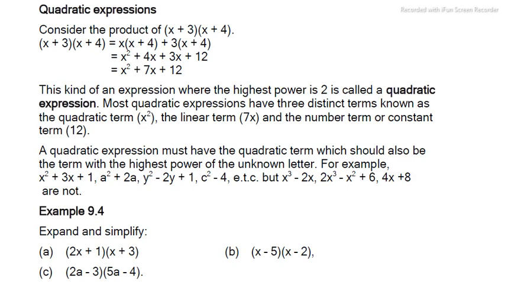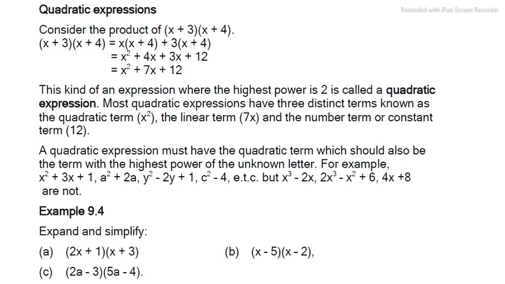However, we can also have other powers, and in most cases, most of the quadratic expressions have particular terms, which we call quadratic terms. That is, in this case, we have x squared, we have 7x, and we have 12. That figure that is independent is always known as the constant.